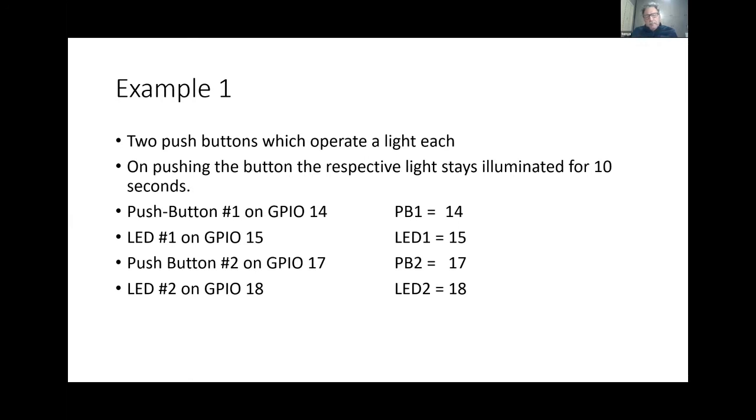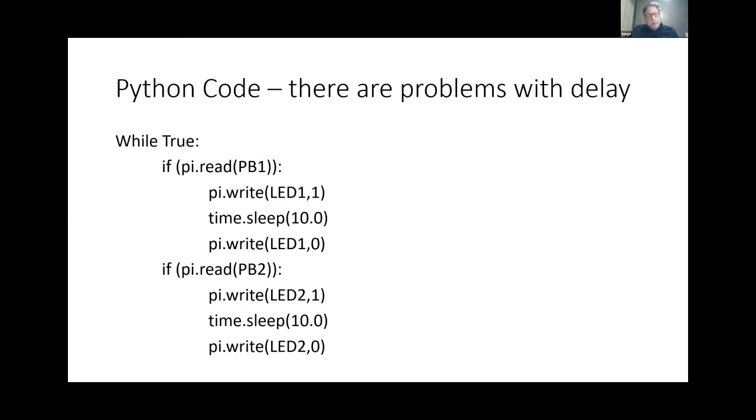So if I write just a typical loop, I'd say while true. If you've pressed, so pi.read PB1, that's a piece of PyGPIO syntax, then turn on the LED, wait 10 seconds, turn off the LED. Then similarly if you press button 2, turn on LED2, wait 10 seconds and turn it off.